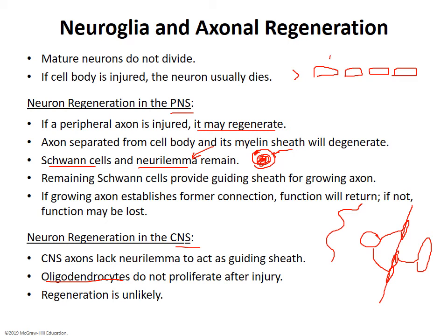And because these guys will still remain for a while because they are actual cells, this is going to allow this axon to figure out, hey, I've got this little tunnel and this is where I'm supposed to go. And so it can regenerate. And that's why in the peripheral nervous system, it may regenerate. Not always, but it usually does. And in the central nervous system, regeneration is unlikely.